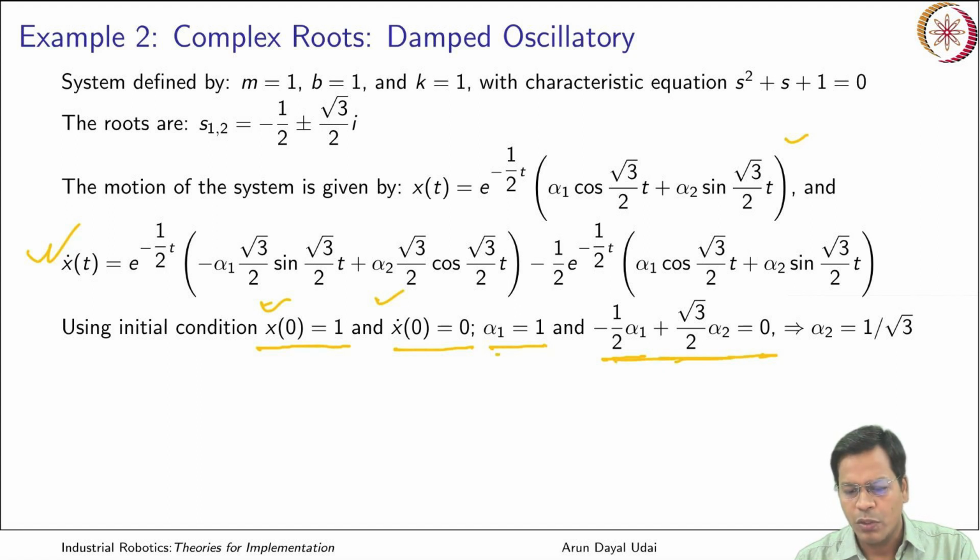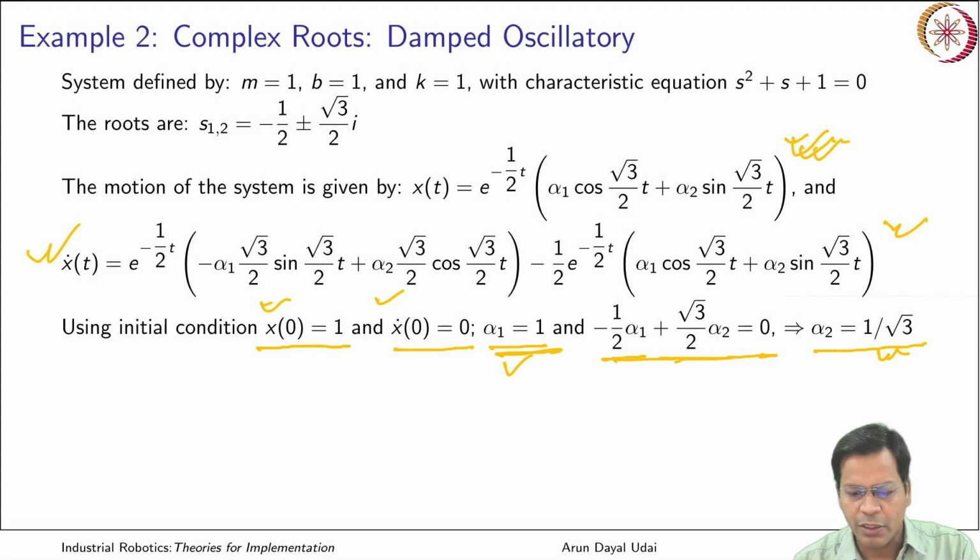These are two simultaneous equations. Solving this, I also get alpha 2 as 1 by root 3. Alpha 1 you got here and alpha 2 is here. That makes this system's time domain solution complete.